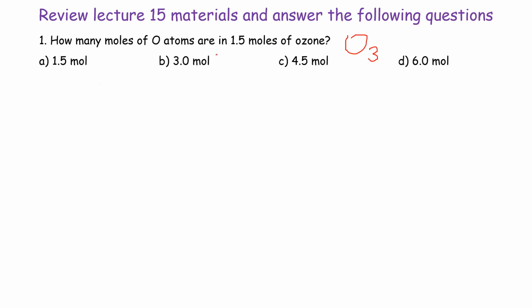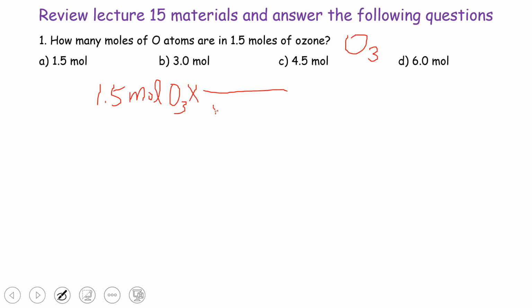We start with 1.5 moles of O3. We are converting from moles of O3 to moles of oxygen atoms, and in 1 mole of O3 we have 3 moles of oxygen atoms because of this subscript.